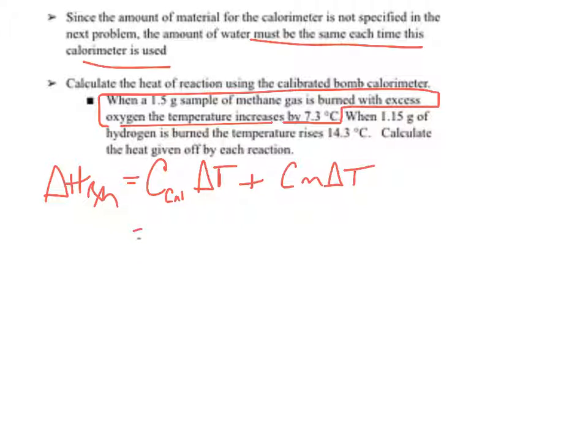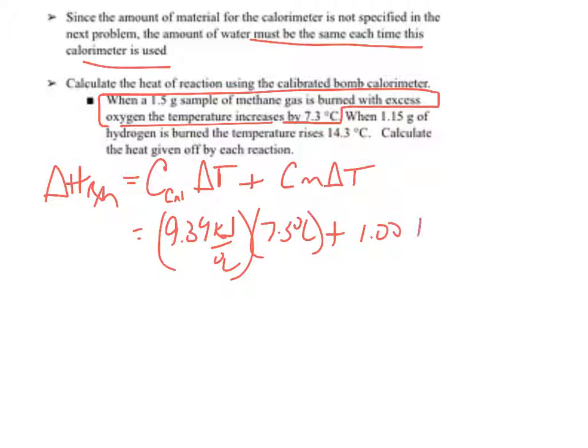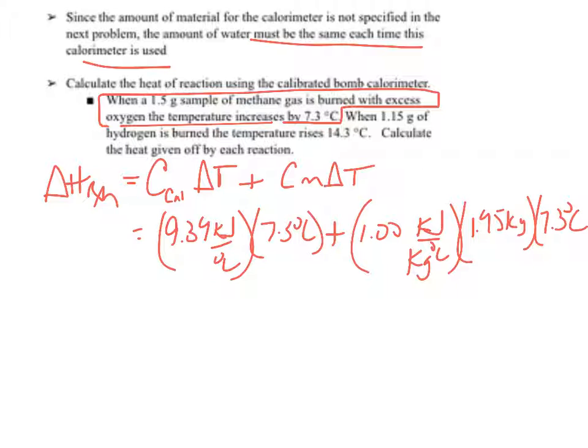So I'm going to use my 9.39 from the last question. And our temperature increases 7.3 degrees Celsius. And then I'm going to use the same thing I did for my water: kilojoules per kilogram degrees Celsius times 1.95 kilograms times 7.3 degrees Celsius.